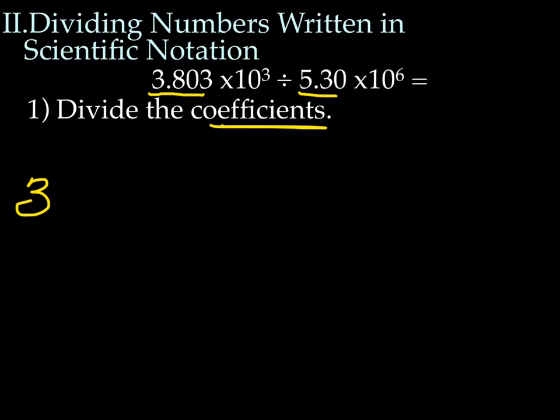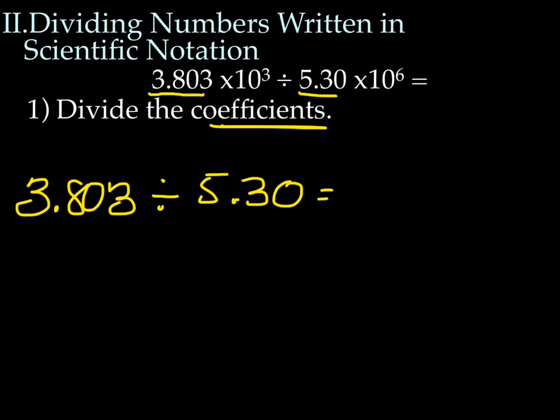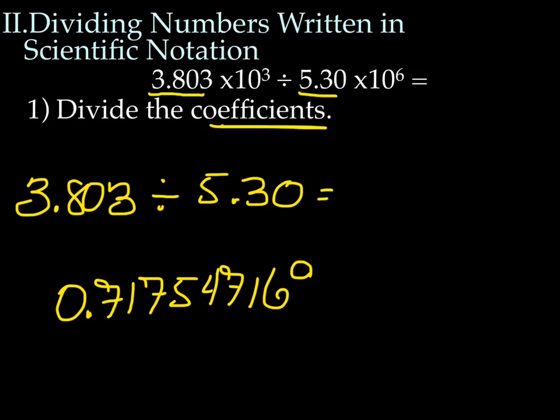So we'll have 3.803 divided by 5.30. If you could put that in your calculator and make sure you agree with my answer, I got 0.717547169.